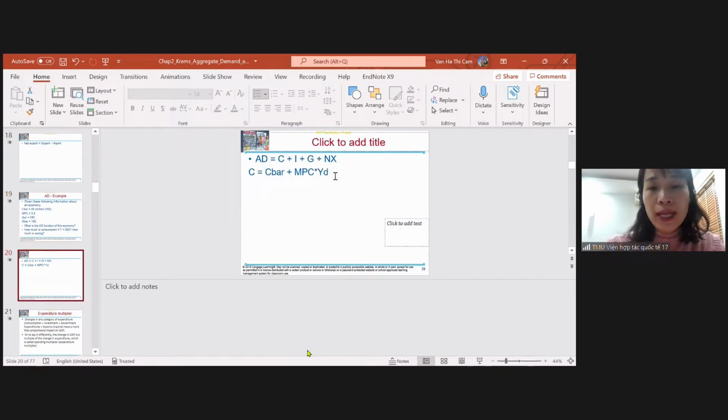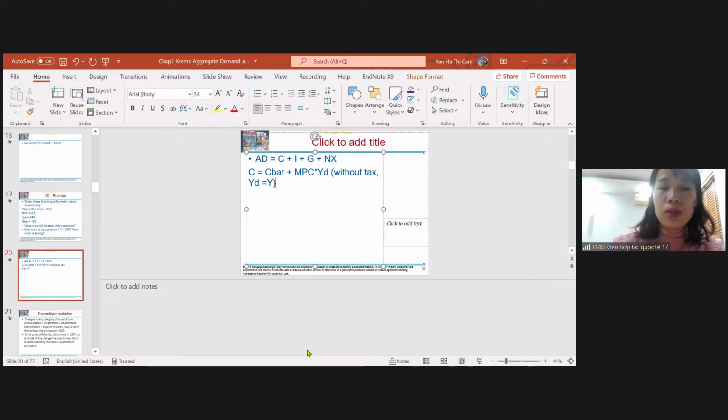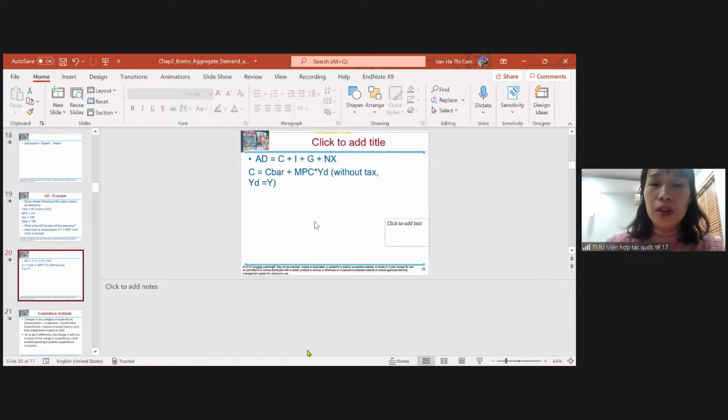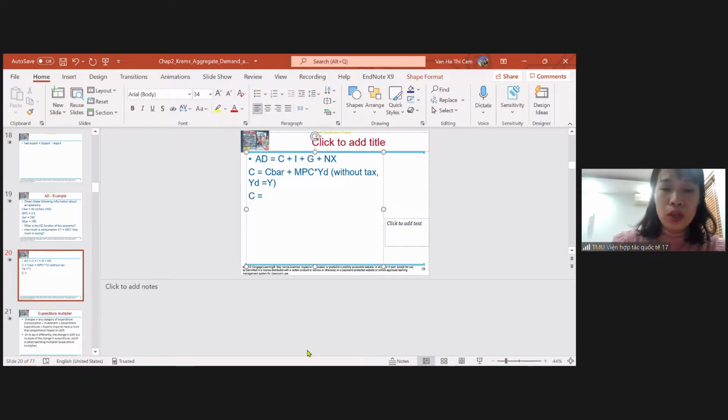So without tax, YD equals Y. With this information, how is the C function defined? C bar equals 80, MPC equals 0.8, and we multiply by Y.